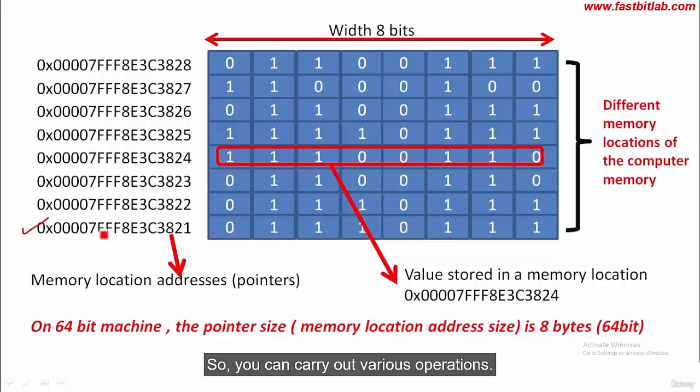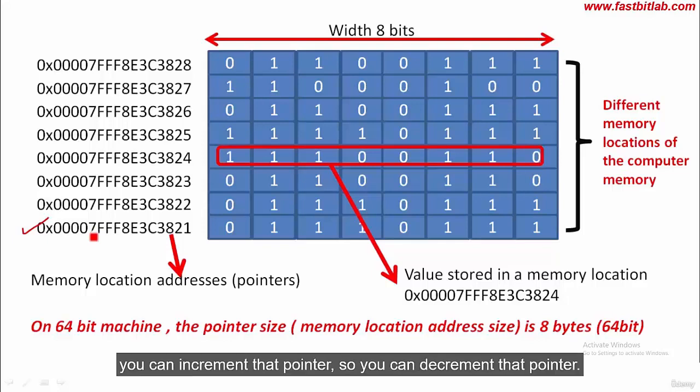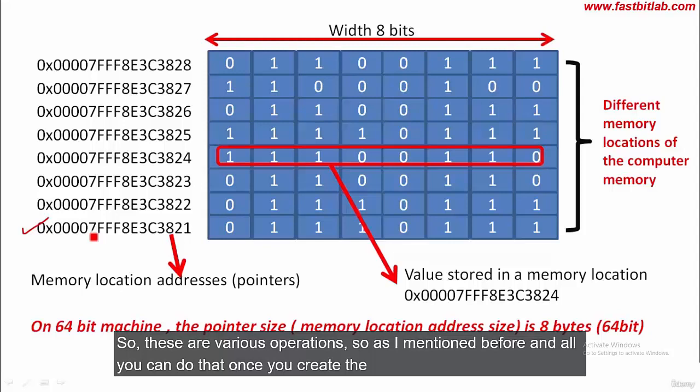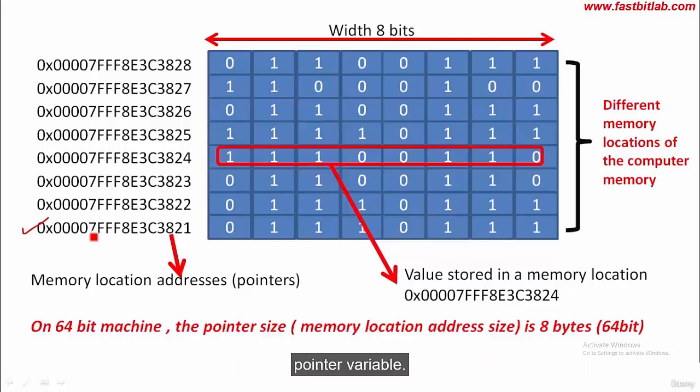So you can carry out various operations. What are the operations possible on this pointer? You can read from that pointer, write into that pointer, increment that pointer, and decrement that pointer. These are the various operations you can do once you create the pointer variable.